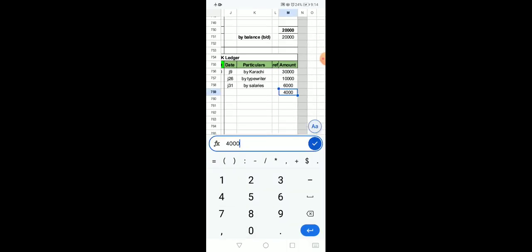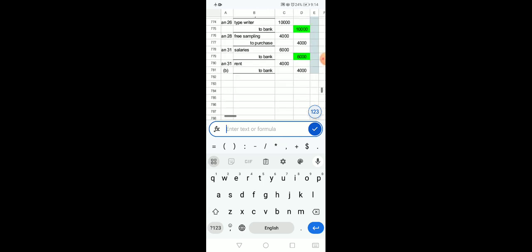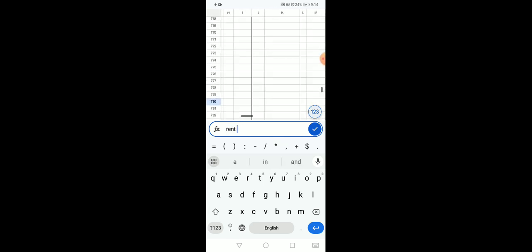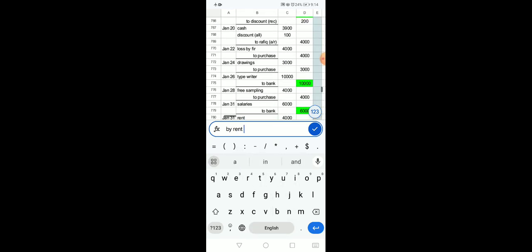Now next entry, January 31B, bank is present on credit side 4,000. So you will go to the bank and will write 4,000 on credit side of the bank. For reference, see what is written on the opposite side, that is rent. So write down rent over here with an additional word of buy. What was its date?